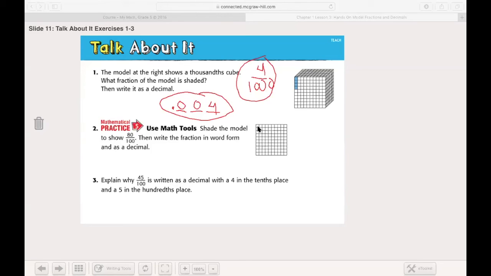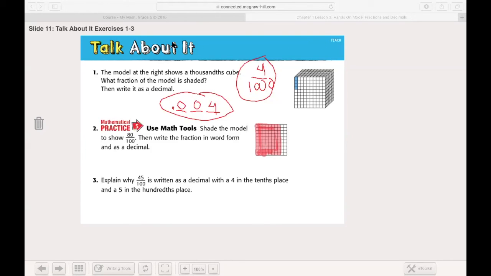If these were columns in the tenths model, we would have 8 of these columns colored in. 8/10 is equivalent to 80 hundredths. Okay, so 80 have been colored in, because 8 times 10 is 80, and 20 are left open.